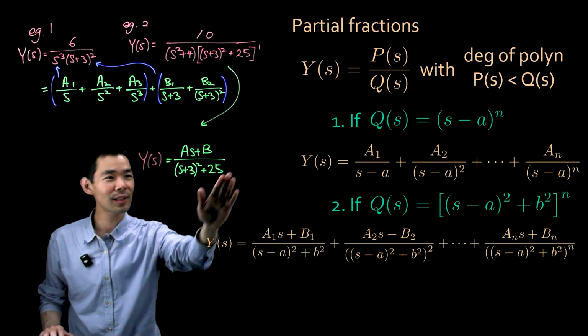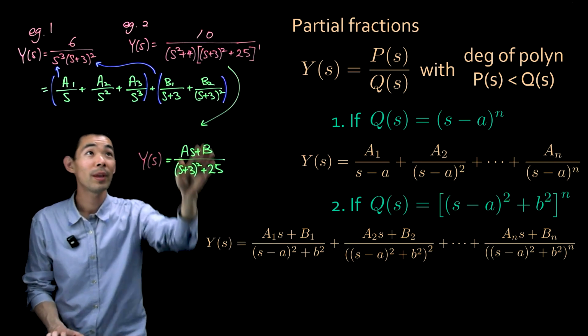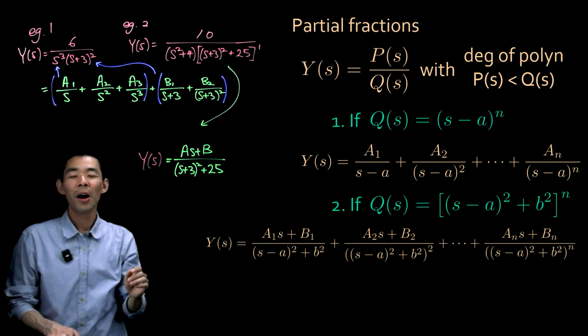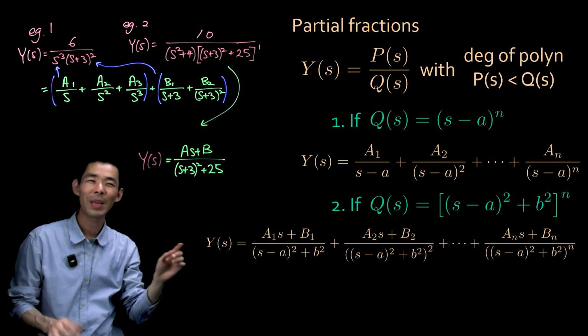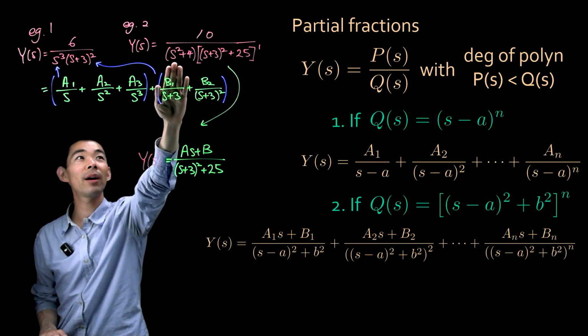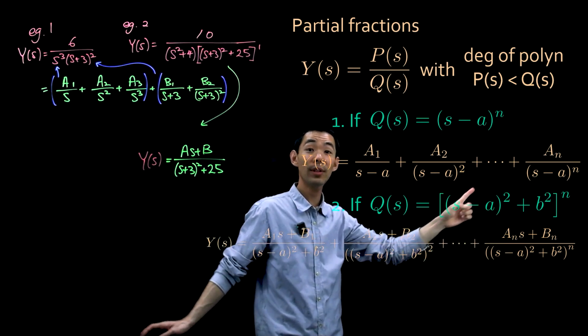Now, I did this one first because this term looks just like case 2. It turns out this one over here, s squared plus 4, is also case 2. It might not look exactly that way, but consider the situation where a over here is equal to 0.